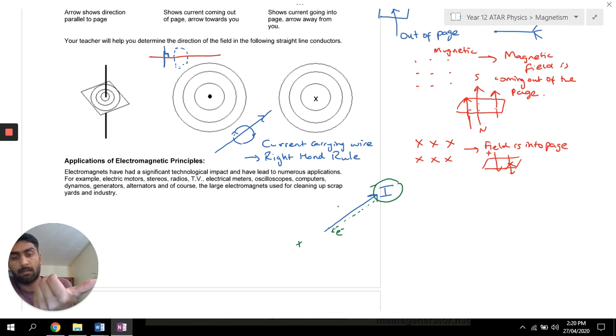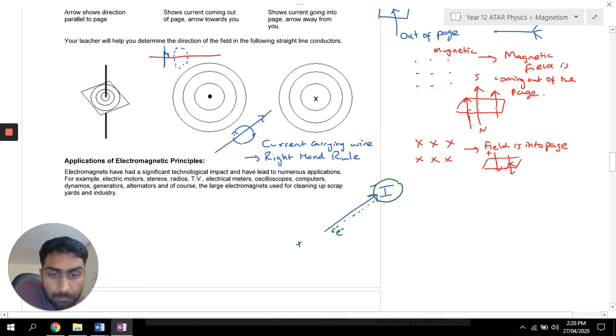The thumb points in the direction of the current, and the way your fingers curl is the direction of the magnetic field. My thumb is pointing there, my fingers on my right hand are curling this way. If it's pointing in, they're curling this way. So it's a clockwise field, and that's how the magnetic field would look.